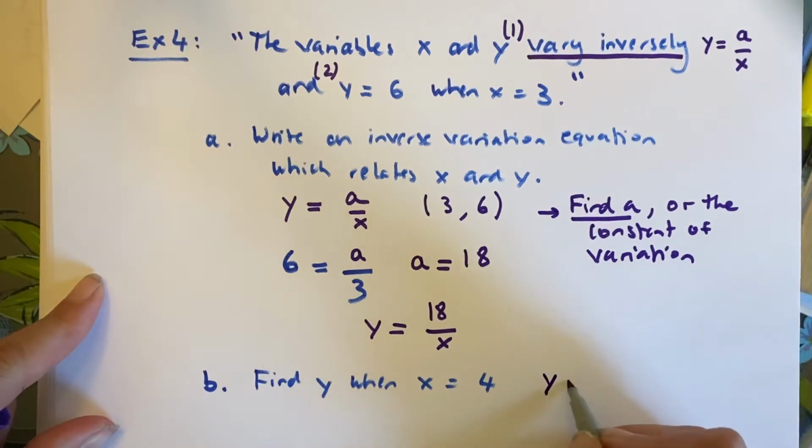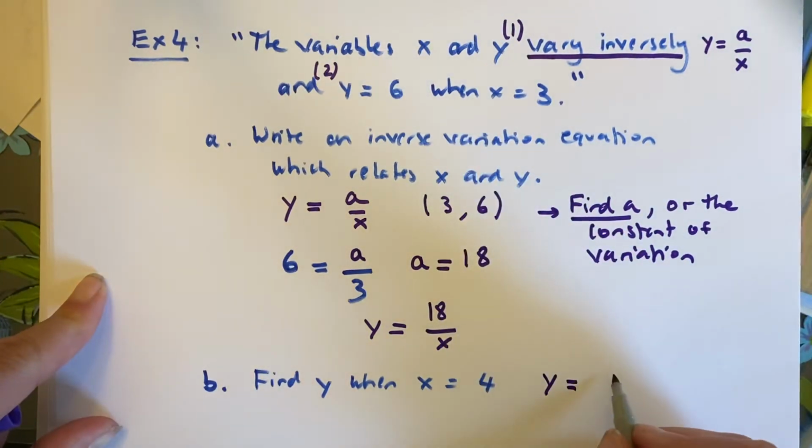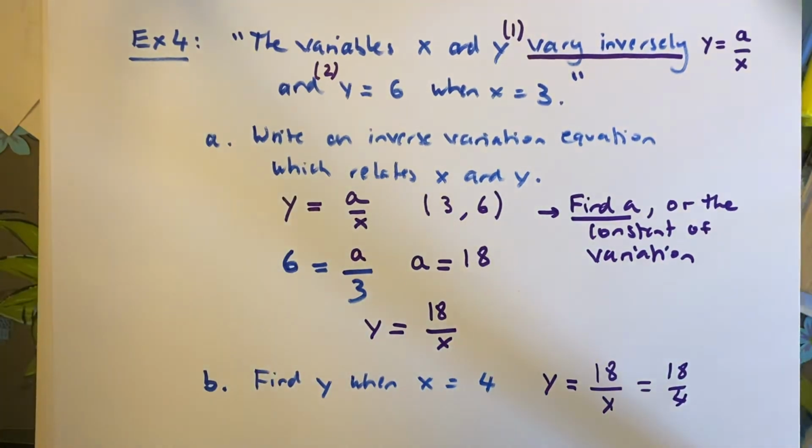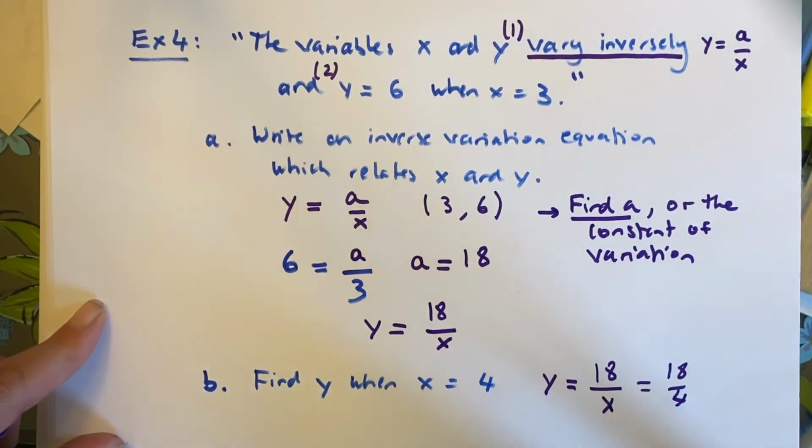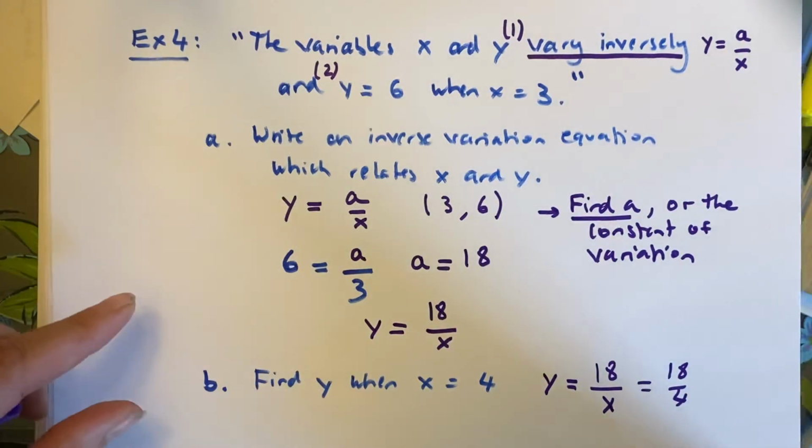You now know what this equation is that describes this relationship. Y equals 18 over x, and they're telling you x is 4. So 18 over 4, and you're going to reduce that. And when you reduce that, it's going to give you 9/2.